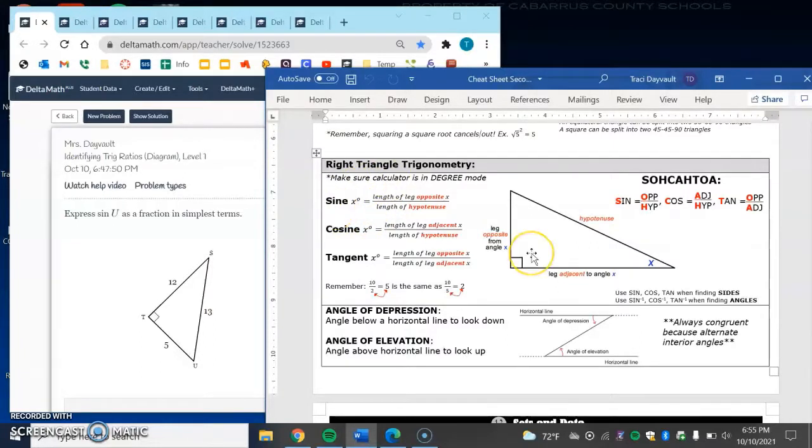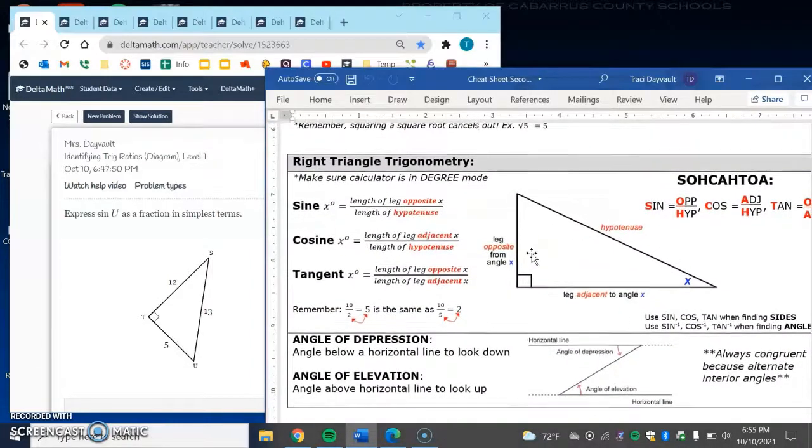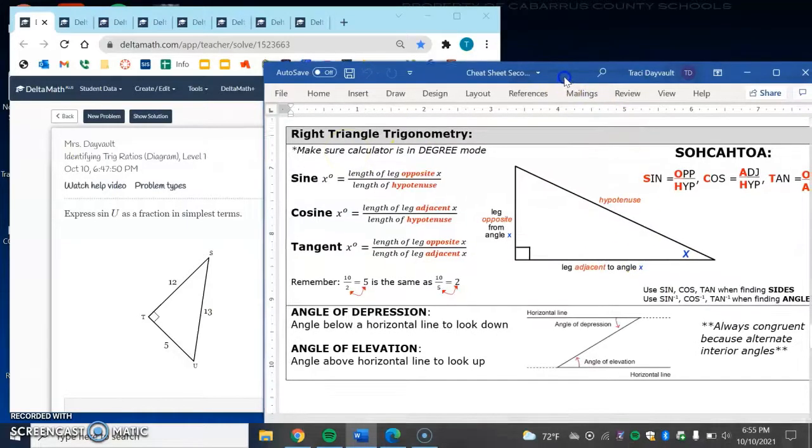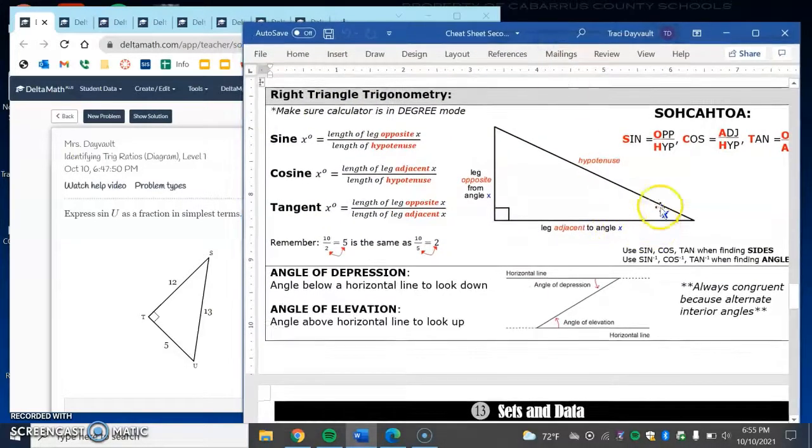So first of all, when we talk about these ratios, there's always going to be a right angle because we're working with right triangles. There's also going to be what's called a reference angle. In this case, our reference angle is right here in this corner.